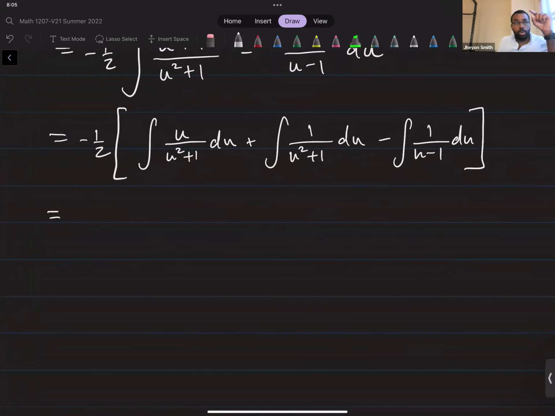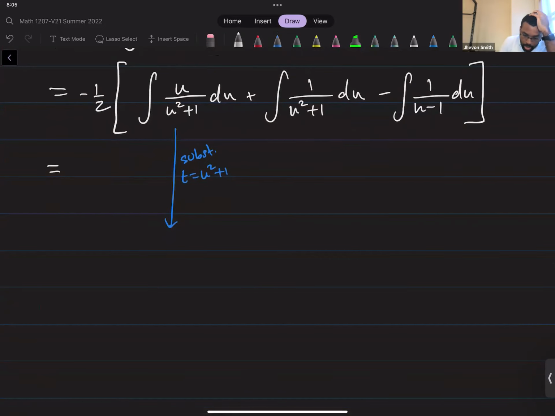Okay, so now for the first one, it's exactly the same as the example I gave you to the side. It's a substitution, right? So you do a t sub maybe, t equals u squared plus 1. And the answer would end up being 1/2 ln of u squared plus 1, right? Via the same thing I said earlier.